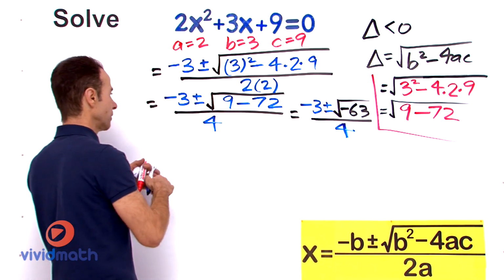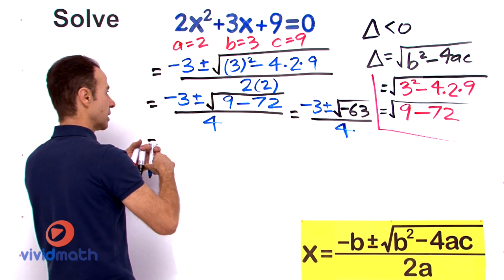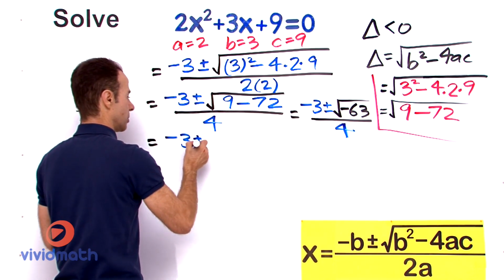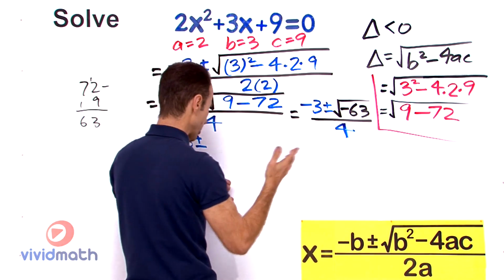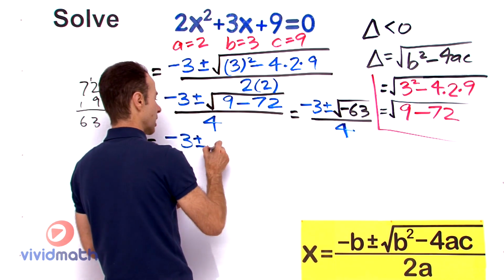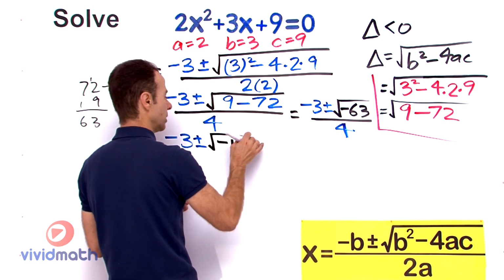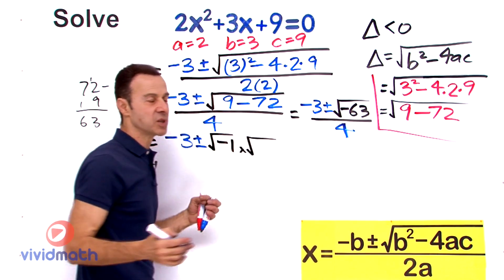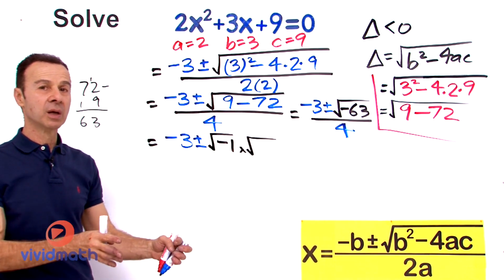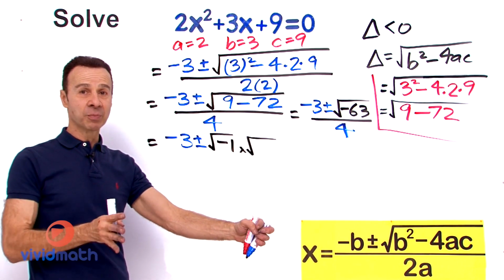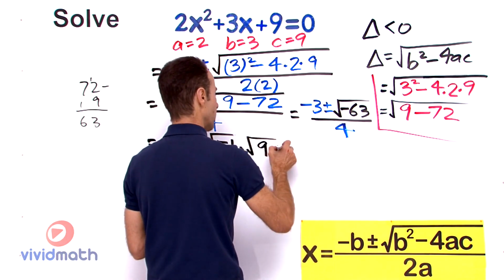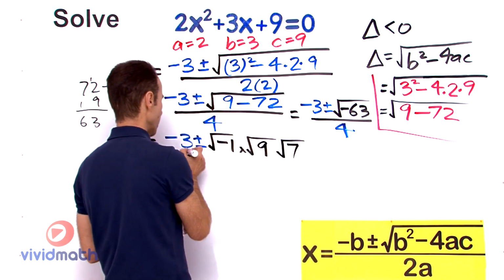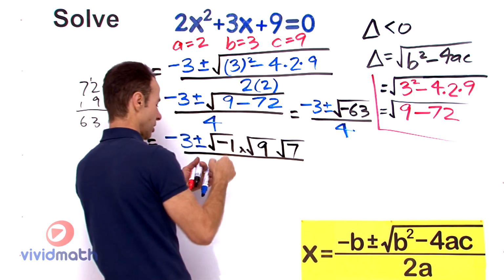Okay, let's work with that. Let's continue to solve, which equals negative 3 plus or minus. Now that negative 63, we can break it up into 3 boxes. It could be the square root of negative 1 times the square root of what times what gives me 63, and one of them is a perfect square. 9 times 7. 9 is a perfect square, so the square root of 9 times the square root of 7. 7 9s are 63, all over 2 times 2, which is 4.